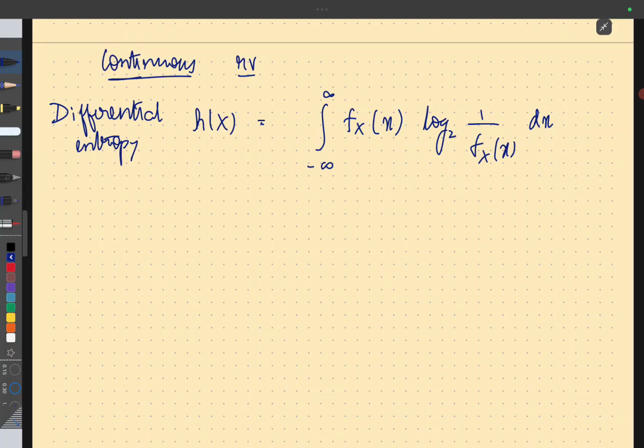No, that's only for discrete entropy. In fact, many things just break down for differential entropy, as we'll see.